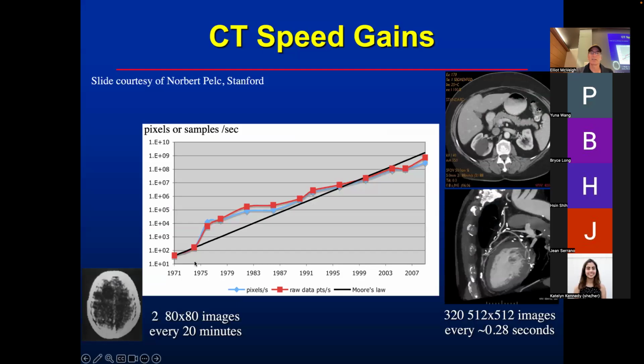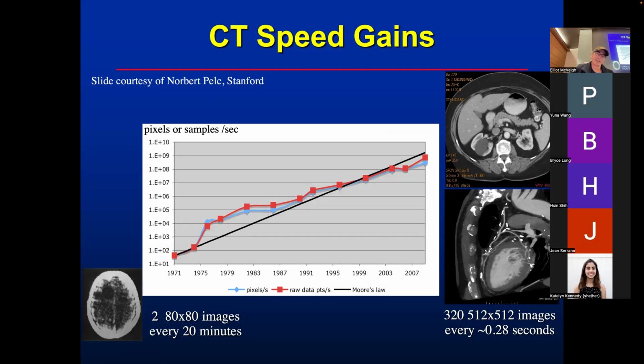So here's the speed up in CT. Remember when we saw that first image, which was 80 by 80 head, and it took 20 minutes. You got two images and they looked like this. Granted, you saw something you couldn't see on a plain film, right? So it was worth it. But it also was like 10 times, 100 times more expensive than a plain film.